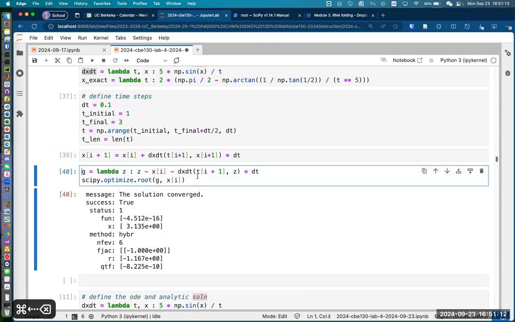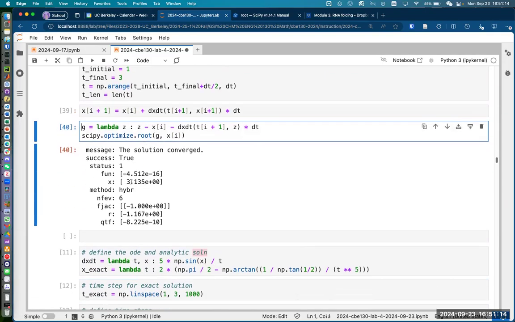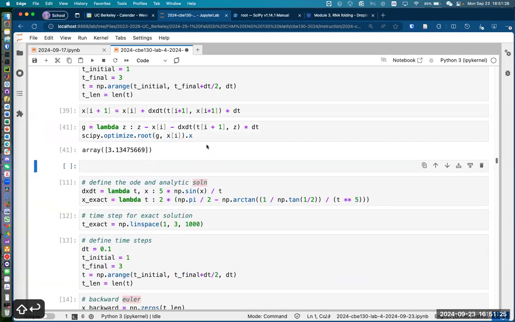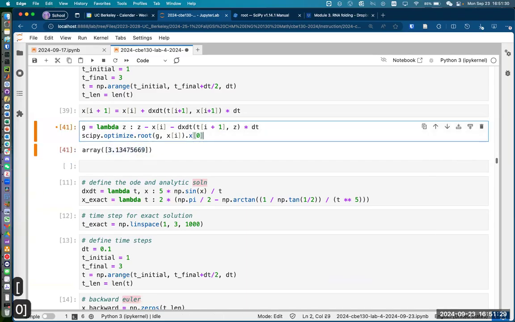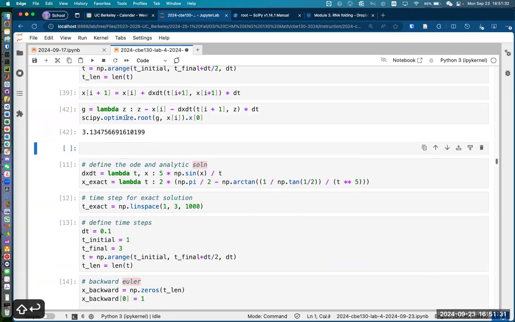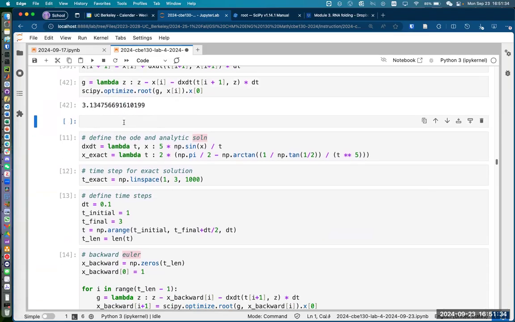This is the result of the root finding algorithm, and we are interested in the x, which is the result. Since this is a dictionary, we can access it through dot x. We get everything within the x, and then we only want the first value, so x at index 0. This is the root that we have found for this iteration.